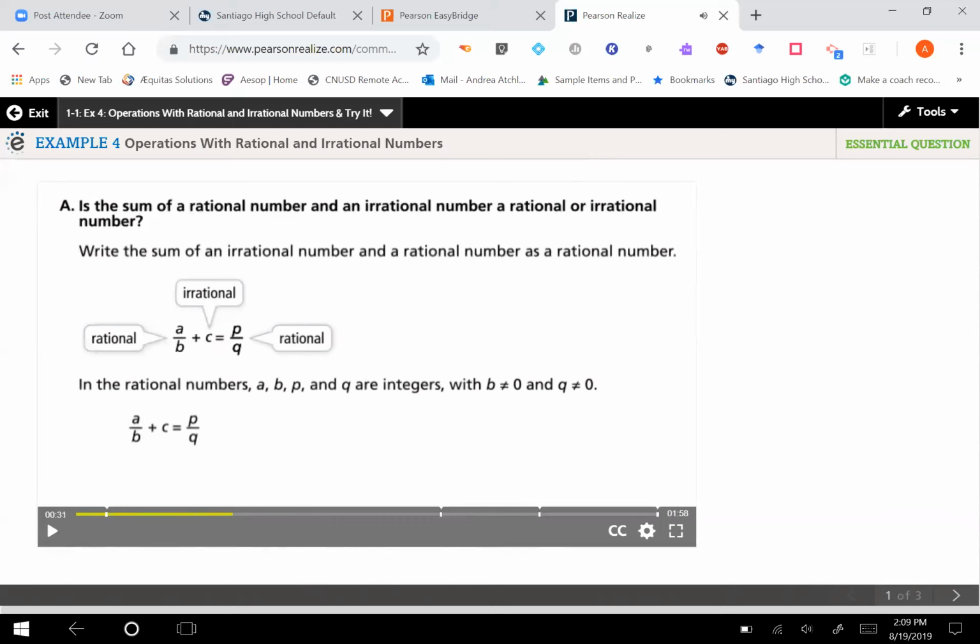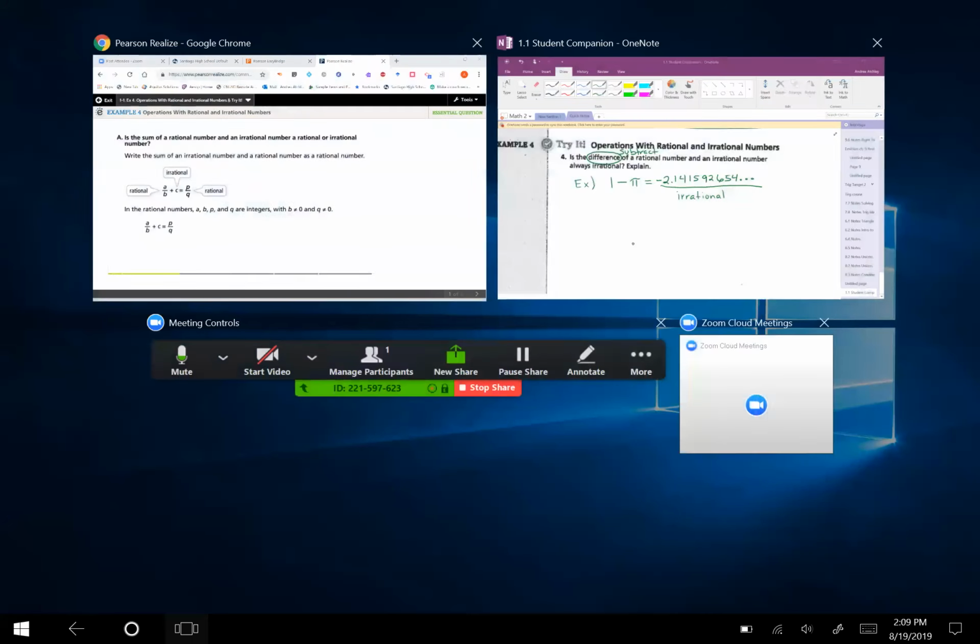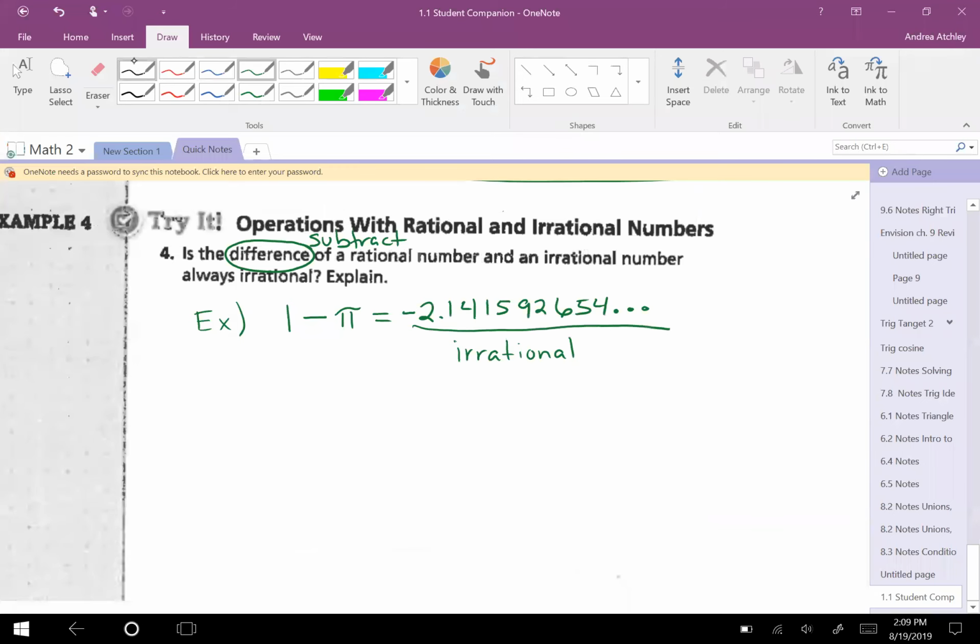Solve the equation for C. Okay, so we're gonna go back to our notes and write that down. So it's A over B plus C. Although they're showing to you in regards to sum, it would be the same thing with subtraction. They just have the negative sign there instead of the plus sign.